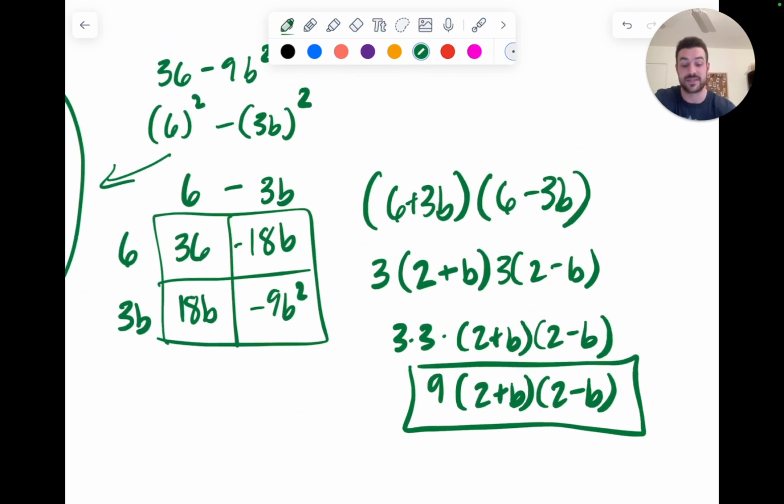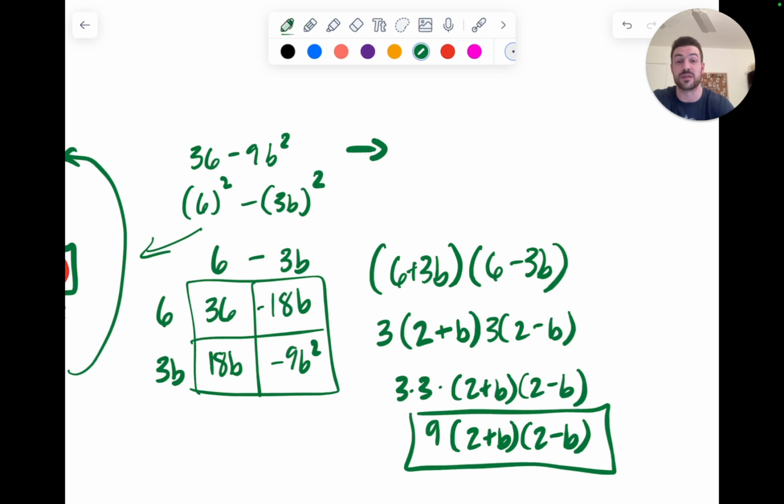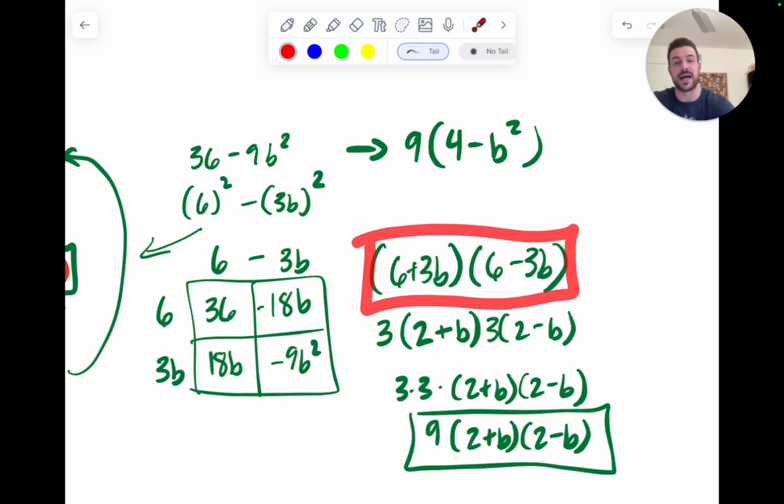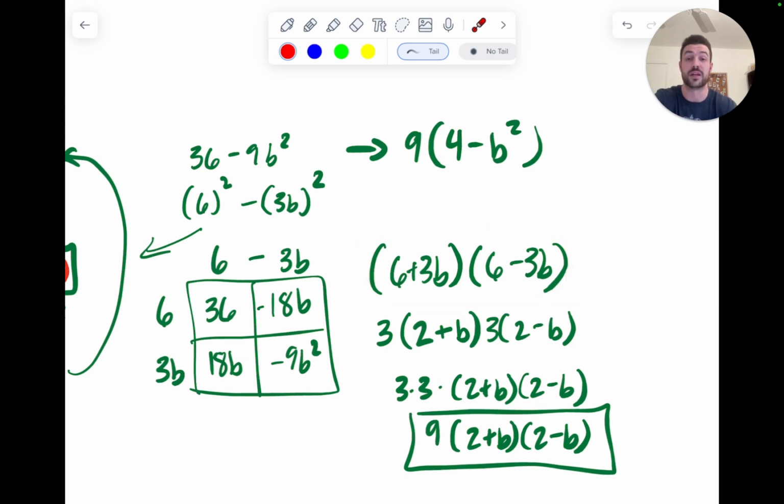Now, I would have saved myself a bunch of trouble if at the beginning I factored out that 9, and then I did the difference of squares here. We're dealing with smaller values and even then a coefficient of 1, which would make this much simpler. But if we didn't, it's okay. We could always do it at the end as well as we did here. But that's another reason why the first step in factoring should always be to divide out any common terms.